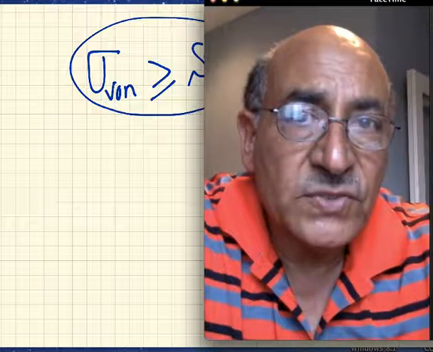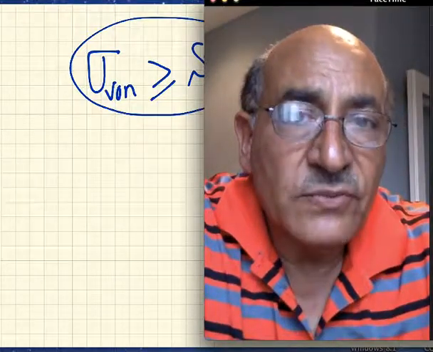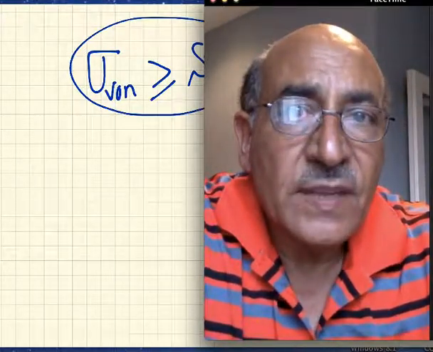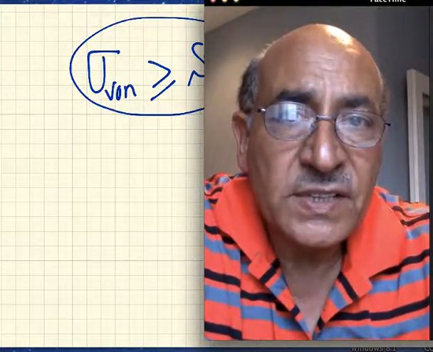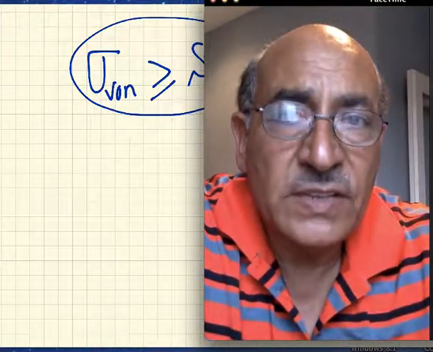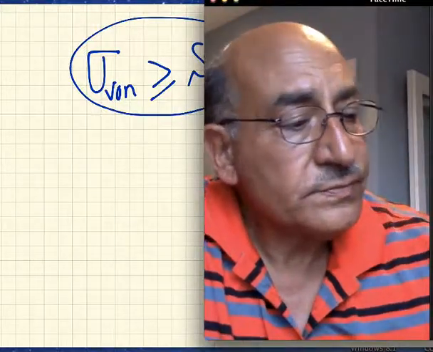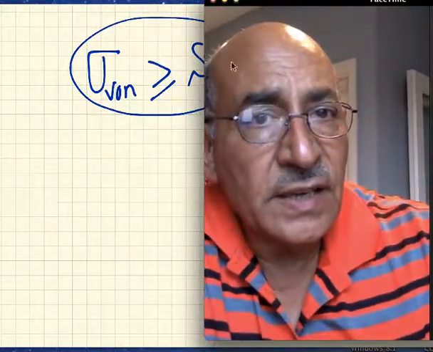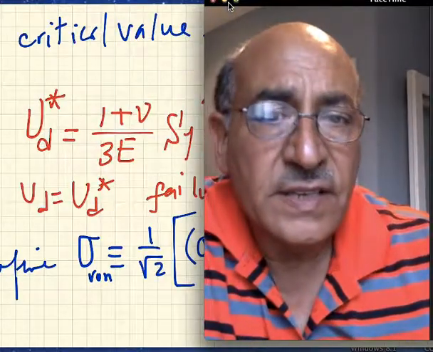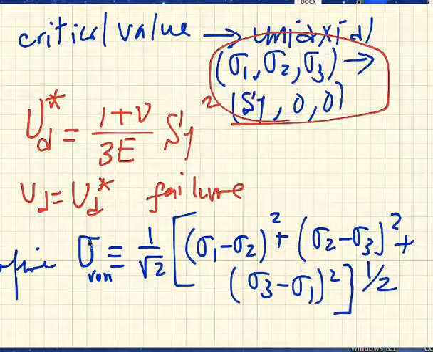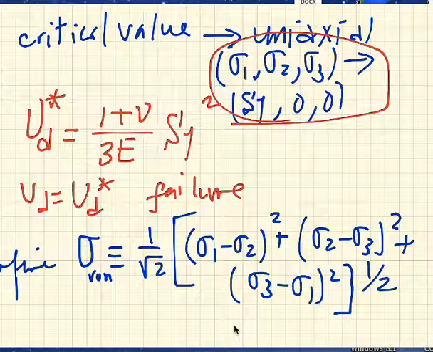So I'm going to write a couple of forms for the von Mises stress that are sometimes useful in special conditions and will be helpful in solving problems. The equation that I wrote before, which you can see right here, is very general, assuming that we have 3 principal stresses.